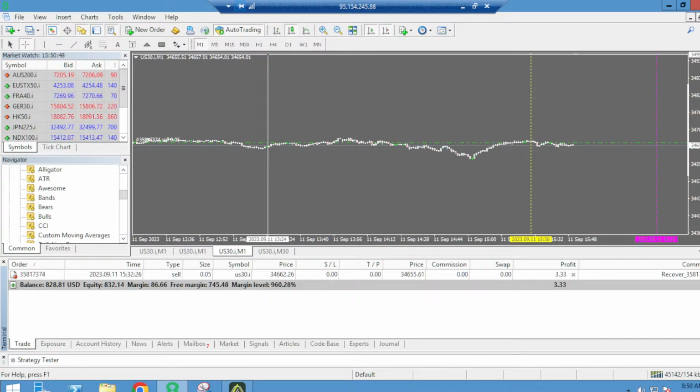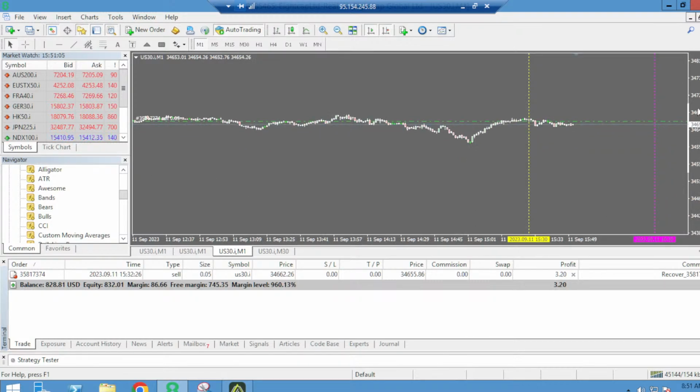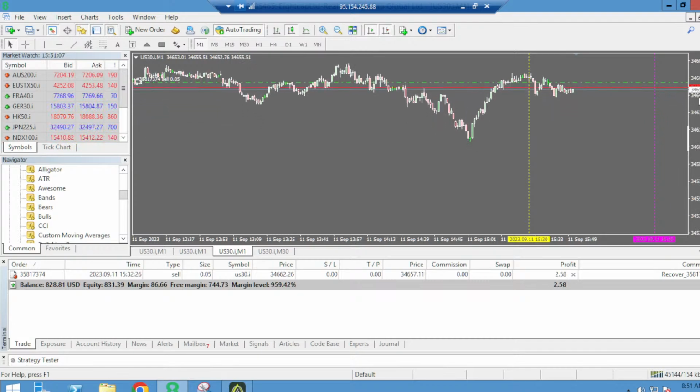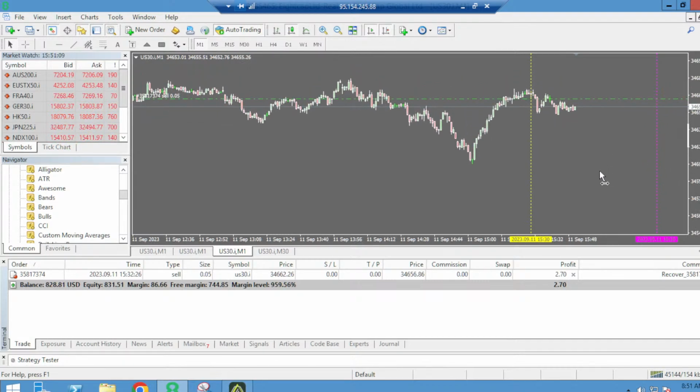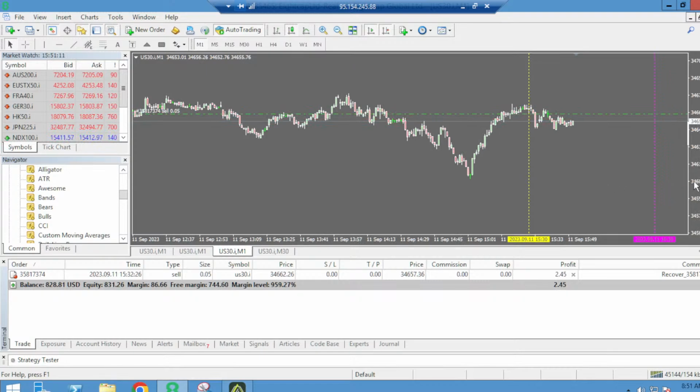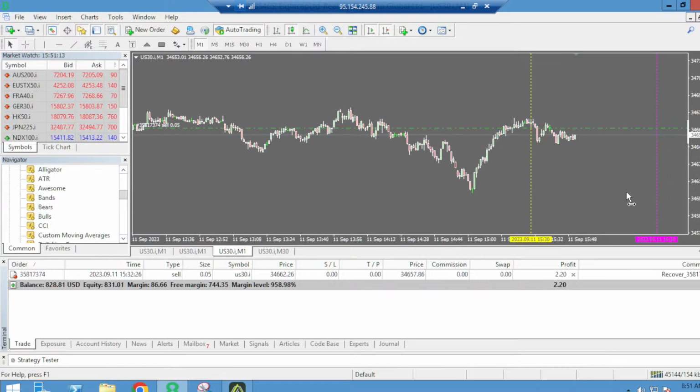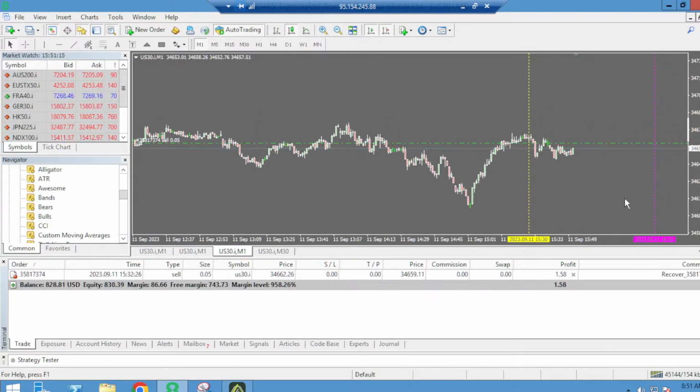Price is up and down, just moving sideways. It's moving up again.